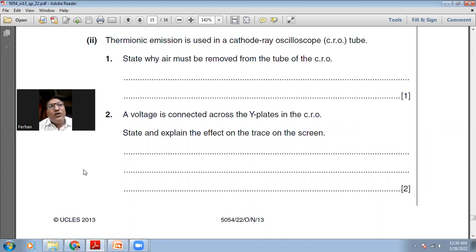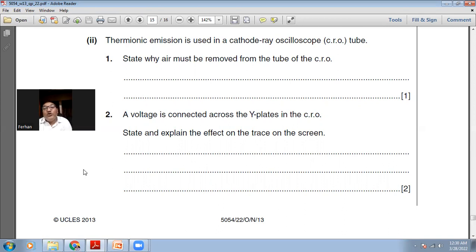You see, in the CRO, we have created a vacuum or a very low pressure of gas. The reason is we remove all the molecules of air from the CRO, because when the beam of electrons is formed and travels from where thermionic emission is happening, the electron gun, towards the screen of the CRO, if there is air present, the electrons will collide with the molecules of the air, and due to the collision they will be stopped.